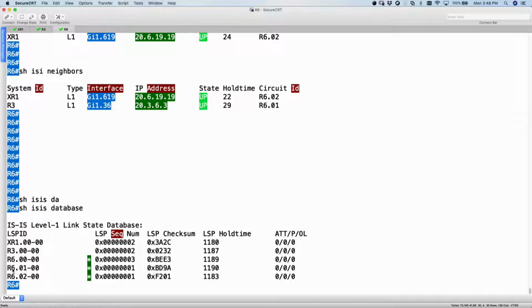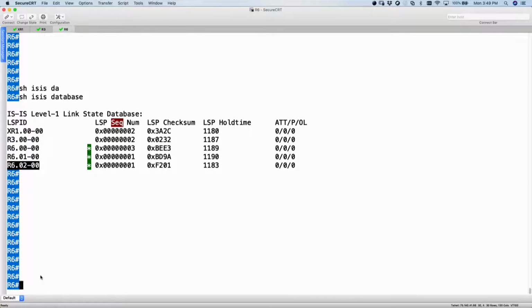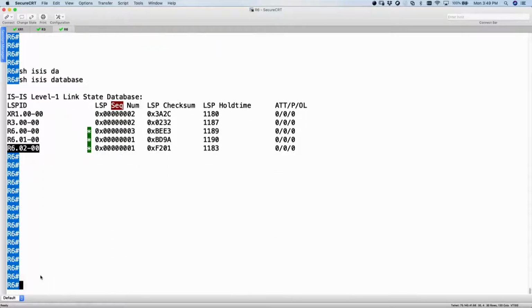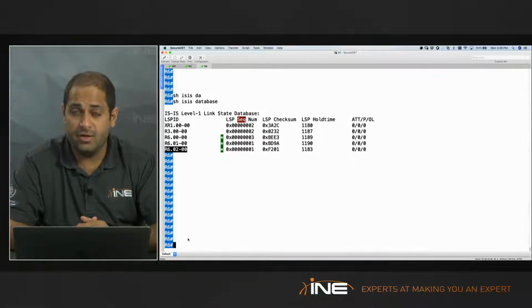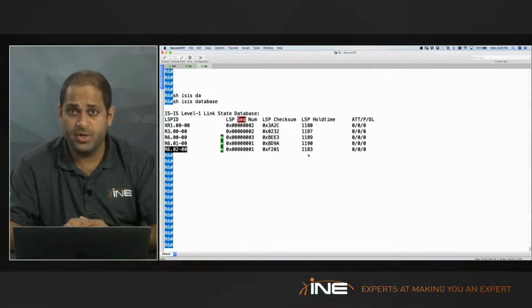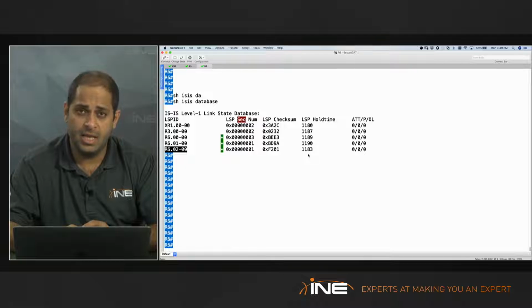And this is my pseudo node LSP on the segment towards R3, and this is on the segment towards XR1. So basically R6 is my DIS. There's no BDR concept in ISIS. Okay, so this is basically single level routing. I hope this video was informative to you, and thank you for viewing.